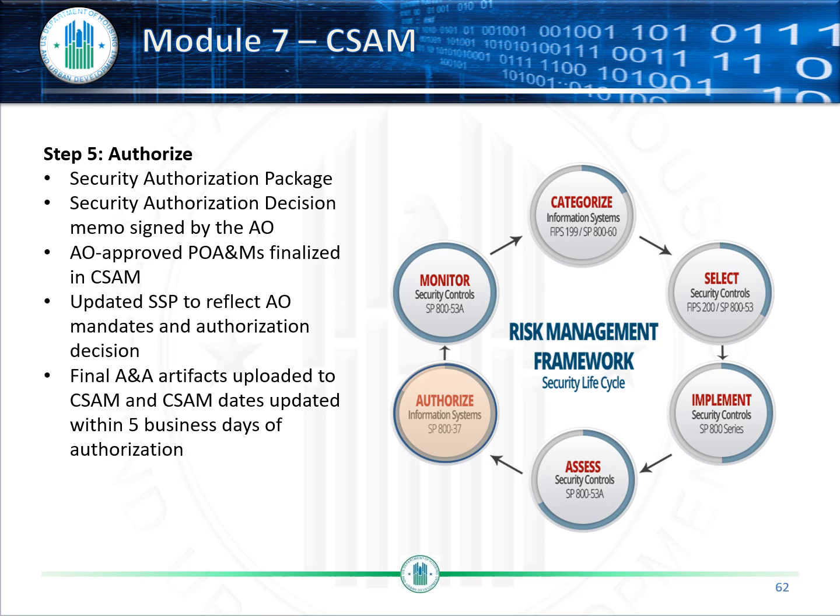These include the Security Authorization Package, the Security Authorization Decision Memo signed by the AO, approved POAMs finalized in CSAM, the updated SSP to reflect AO mandates and authorization decision, all final A&A artifacts uploaded to CSAM, and CSAM dates updated within 5 business days of authorization.